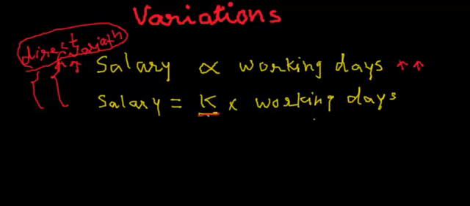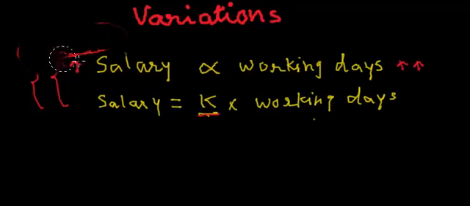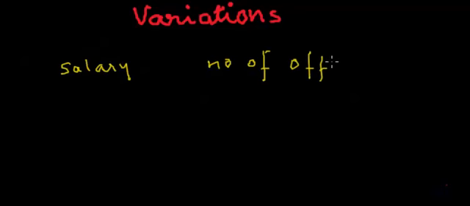So now let's understand one more type of variation, which is called indirect variation. Again, let's talk about your dad's salary and the number of offs he has taken. In this case, if your dad takes more number of offs, he will get less salary. But if he takes less number of offs, he will get more salary.